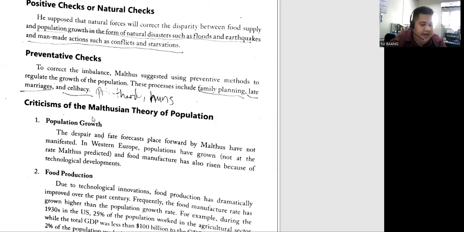Thus, it does not affect the growth of population. Kay daghan man present nga technology for producing food. Dili sad ta mag-una-una pod nga motaas pod ang population because nagtaas pod man ang food manufacturing, di ba?